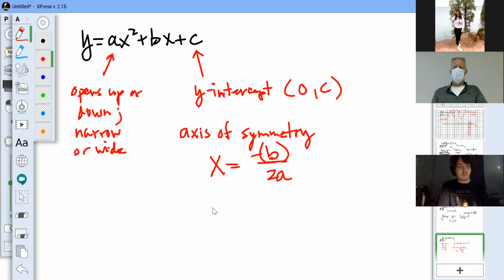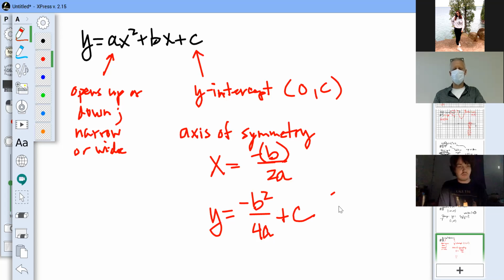The y value, I got to remember this. I think, I'll double check this in a minute. I always forget this one. I'm pretty sure it's that.